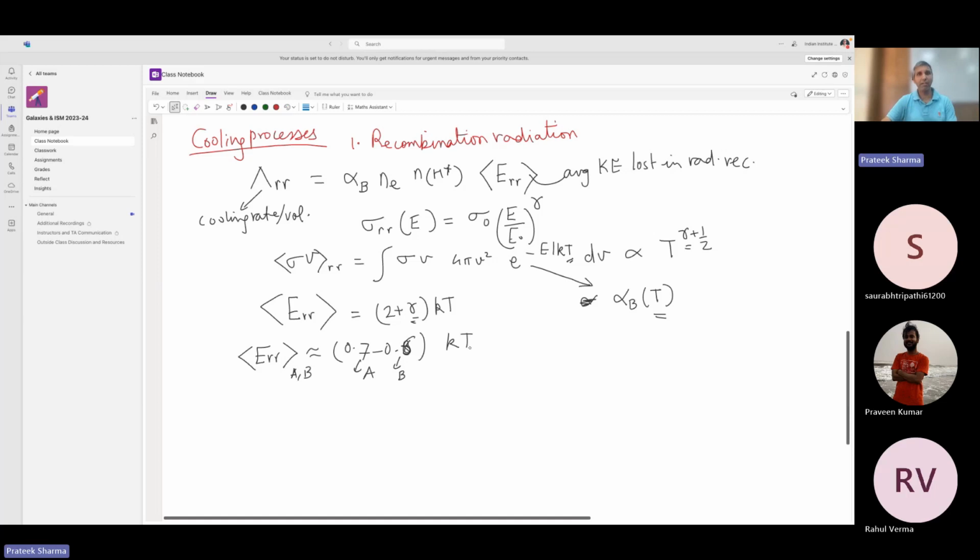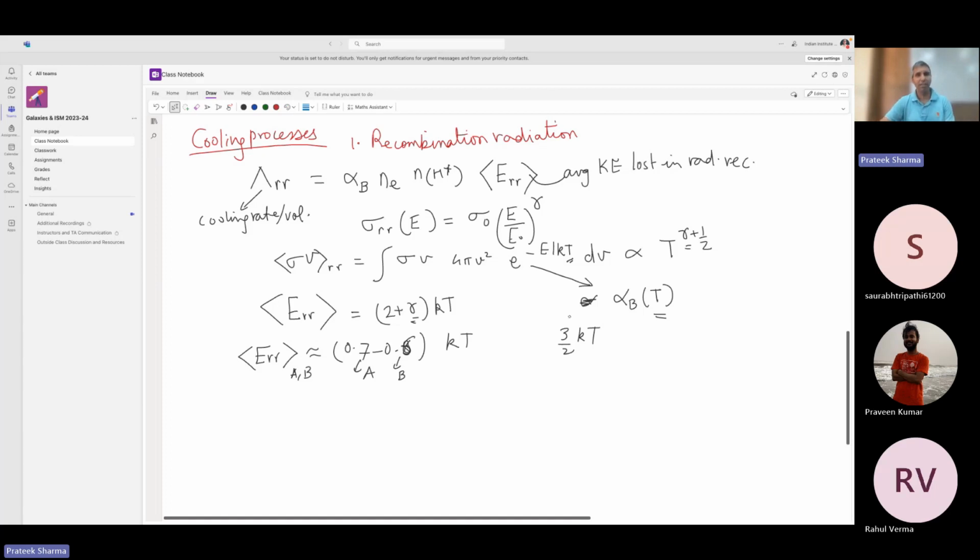The energy of an electron is 3 by 2 kT, but on average it loses per recombination 0.6 to 0.7 of that. Just about half the energy it loses in recombination.